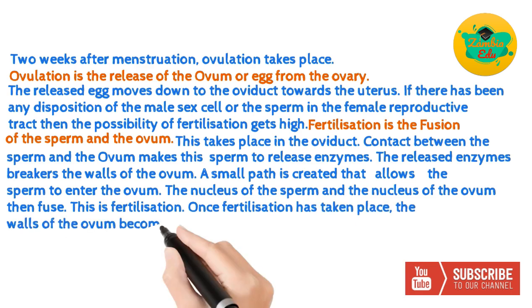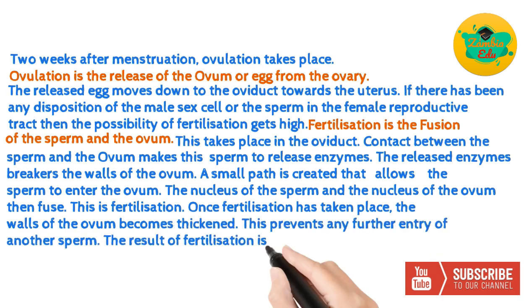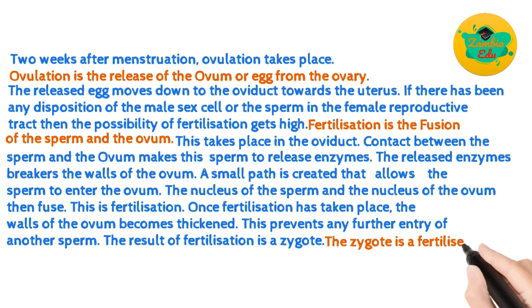Once fertilization has taken place, the wall of the ovum becomes thickened. This prevents any further entry of another sperm. The result of fertilization is a zygote. A zygote is a fertilized egg.